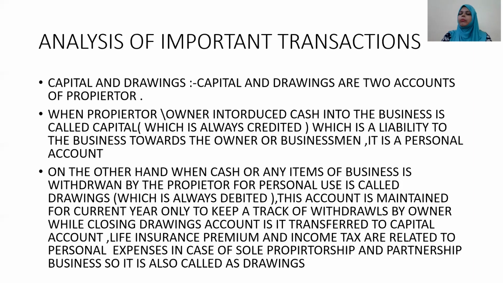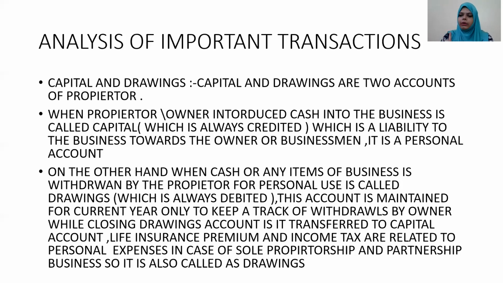So it is a personal account. Obviously, capital is a personal account because it is introduced by a person, firstly. And secondly, it is a liability to the business which is owed to the owner of the business. So it belongs to the personal account. So this is all about capital. Capital can be introduced either in the beginning of the business or whenever required in the business by the owner or the proprietor of the business.